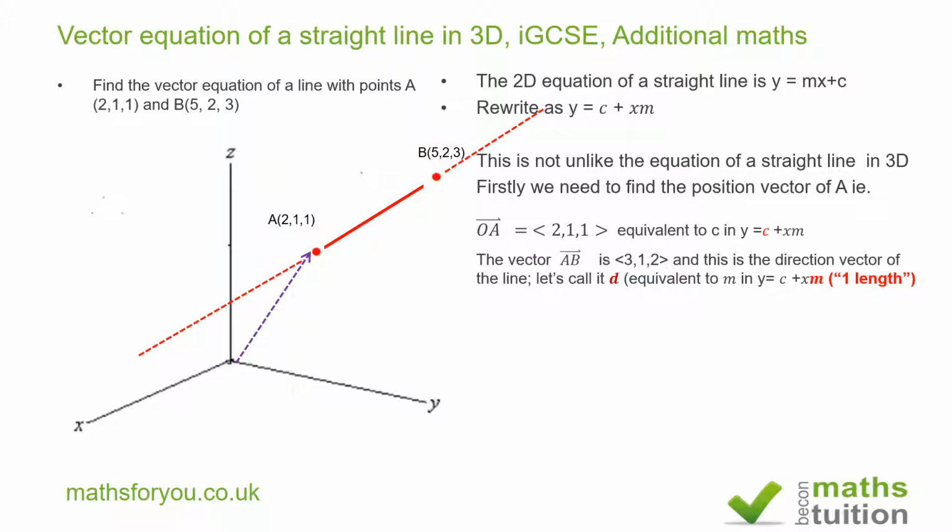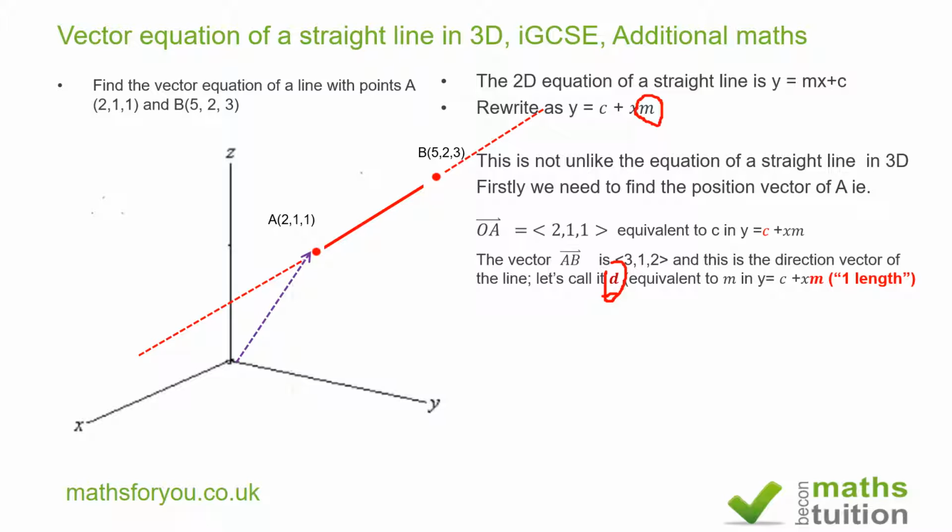Now, if we call vector AB d, so d is now the direction vector of the line. Now, this d here, the direction vector, is equivalent to m in the equation of a line in 2D geometry. Okay, so in effect, lines with the same gradients are parallel in 2D.